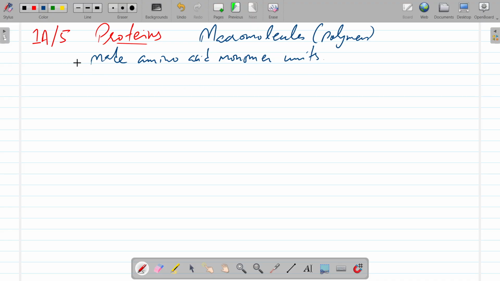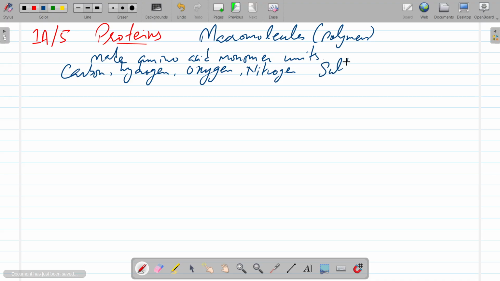They contain, again, primarily carbon, hydrogen, oxygen, right? Because they're amino, they have nitrogen, and there are certain groups attached to each amino acid, in which case there's just one particular one that has sulfur along with it.